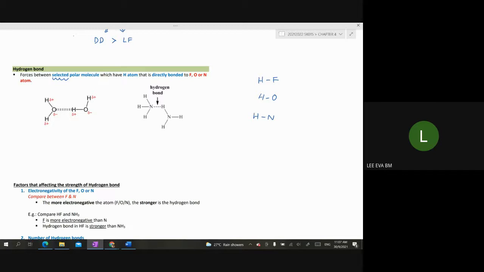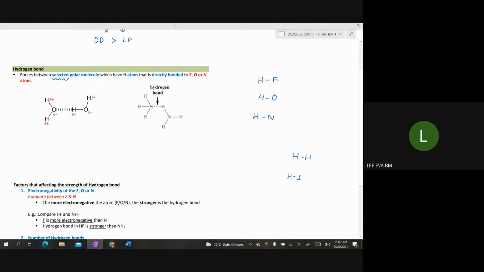For example, if I give you the molecule H2, is there any hydrogen bond inside H2? No, because it doesn't have FON. Or if I have HCl, you answered that last lesson, right?